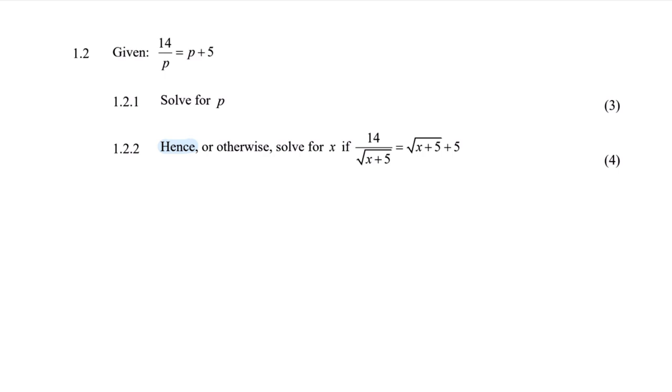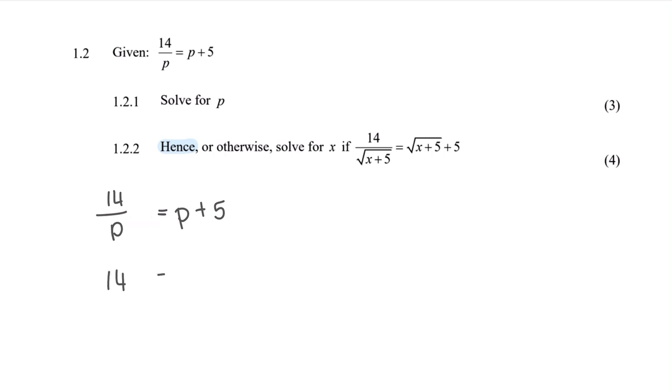They say given that 14 over p is equal to p plus 5, solve for p. So this is almost like a normal equation. You would have just stated 14 over p is equal to p plus 5. Now, in order to remove this denominator, I need to multiply both sides by p.